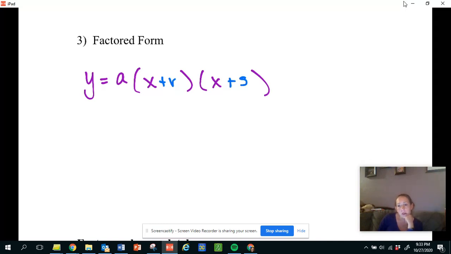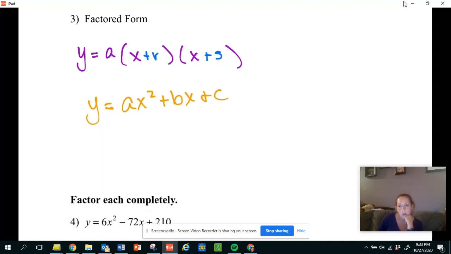So what we're going to be focusing on is going from standard form to factored form. So this part I would definitely write down. Here's standard form, right? AX squared plus BX plus C. So the first thing you're going to do is divide everything by A. It's called the greatest common factor.